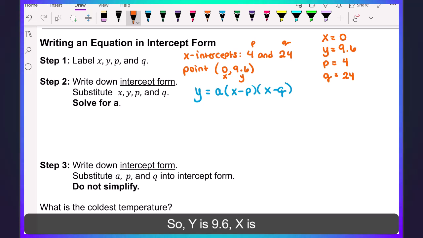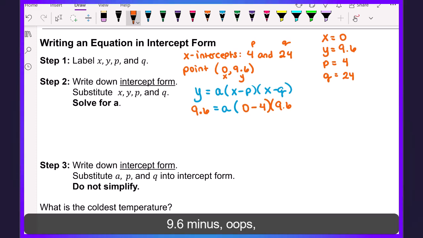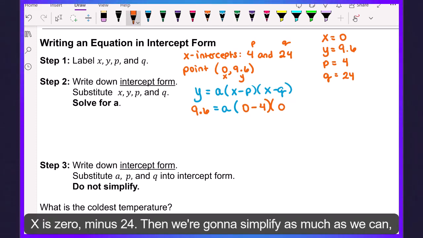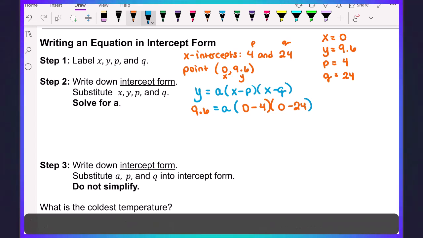So y is 9.6, x is 0, we said p is 4, and then x is 9.6 minus, x is 0 minus 24. Then we're going to simplify as much as we can.